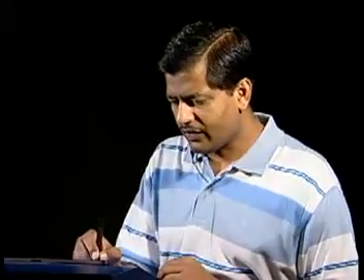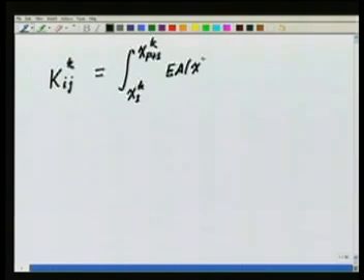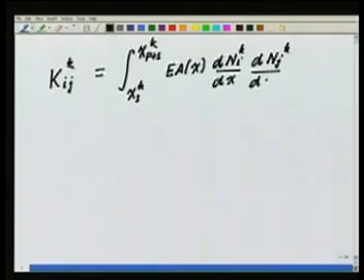So, now our earlier Kij for the element k was integral x1 to xp plus 1, Ea of x, d ni k dx, d nj k dx. Now, this we are going to evaluate in the master domain.